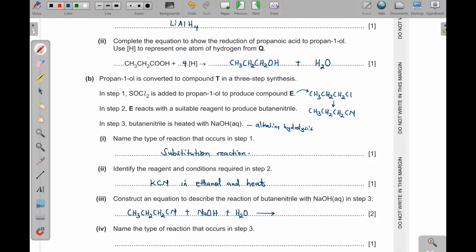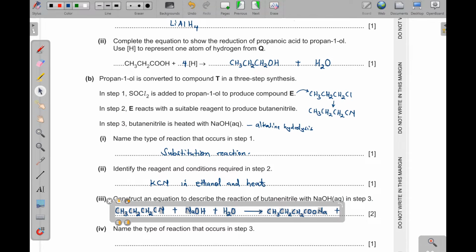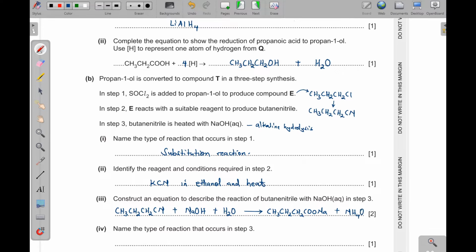Then we can have CH3, CH2, CH2, then COO, then Na. And then I said that here we are supposed to add on what? Ammonia. Okay. Ammonium hydroxide.